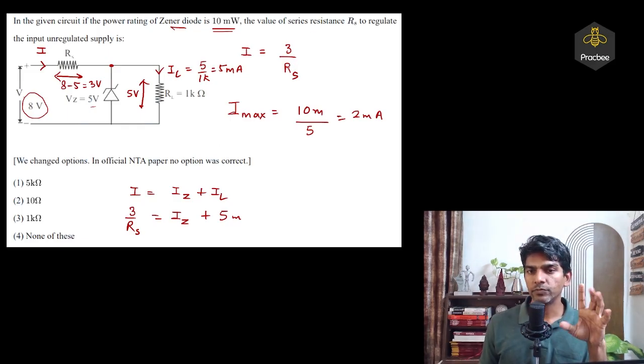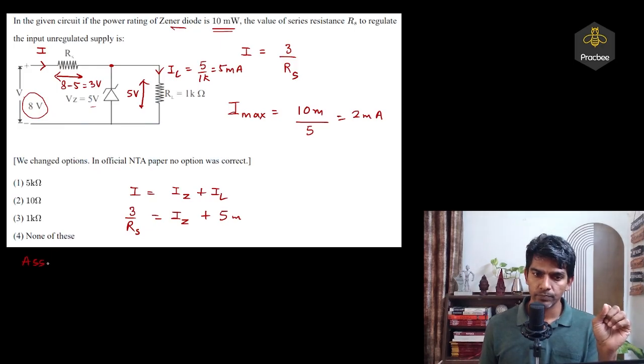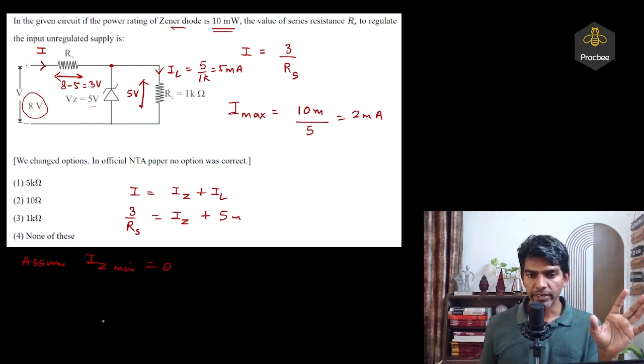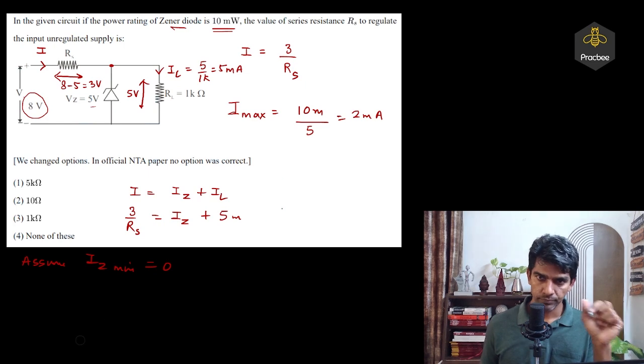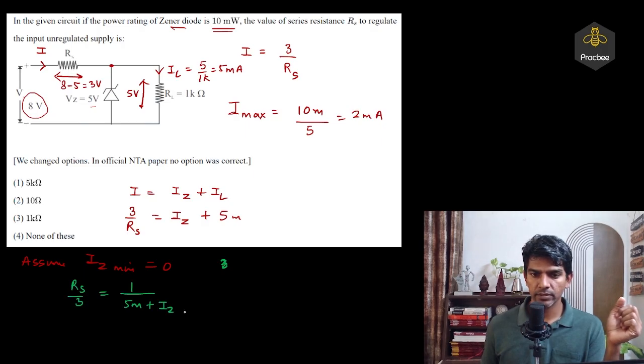So in this particular case we know the maximum Zener current. If minimum Zener current is not given in the question, you can assume it to be 0, right? So here you can assume Iz minimum is 0. So we can find the range of Rs which is applicable. So Rs over 3 will be 1 over (5 milli plus Iz).